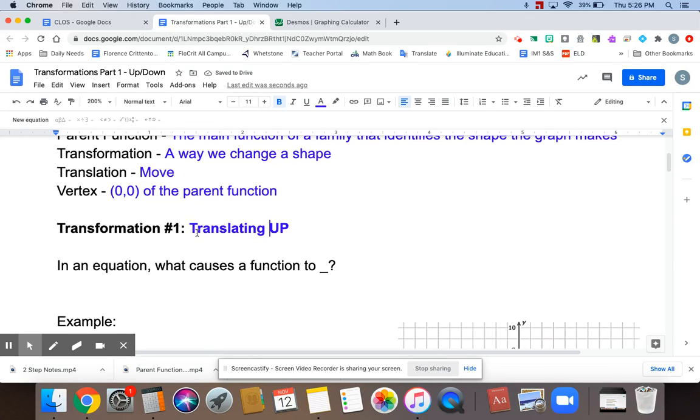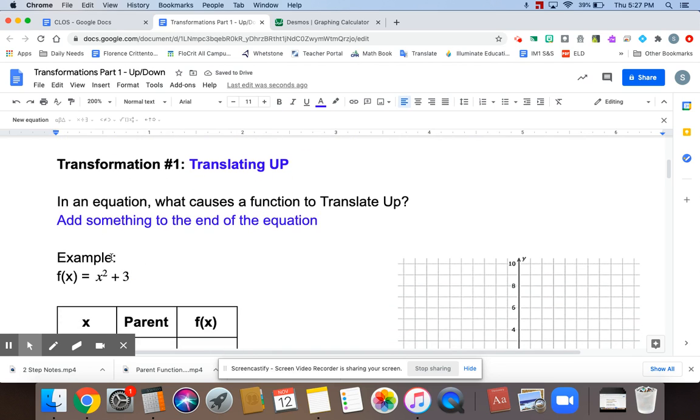When it comes to translating up, the question here says, in an equation, what causes a function to translate up? And the answer to that question is when we add something to the end of the equation. Let me show you an example.